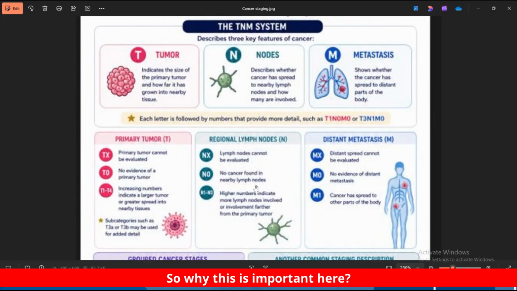Why is this important? Most of the time, if the patient has cancer, the primary cancer spreads into lymph nodes. That is the reason if the patient has breast cancer, the patient will first undergo axillary lymphadenectomy.